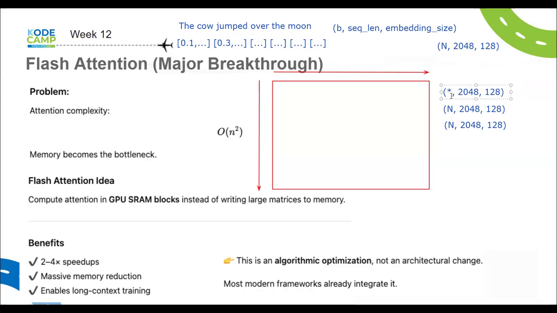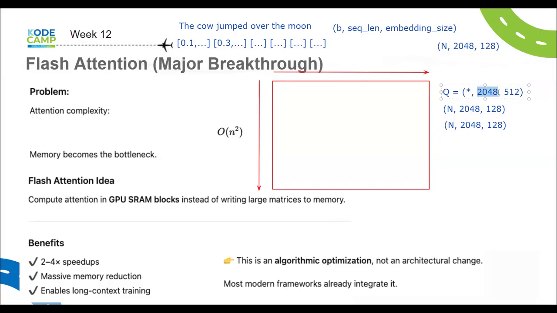So our Q will now have a new shape. Let's say I change it and I have a D model of 512. The weight is going to essentially project this 128 into a 512 dimensional space. We are still having a sequence length of 2048.